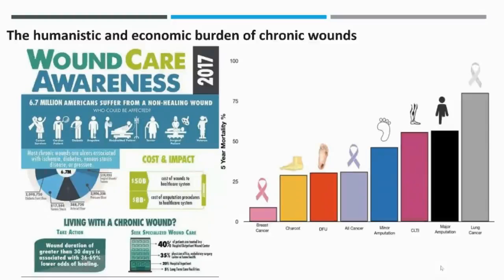But this can be very well equated. I know it is a little cheeky to compare DFU to cancer, but at the same time, we need to compare and contrast it with a significant problem clinically in such a way that you start addressing diabetic foot ulcers or chronic non-healing wounds in a similar category, so that the outcomes in patient populations become better.